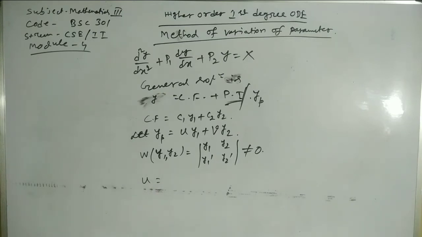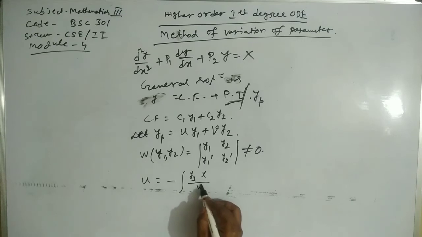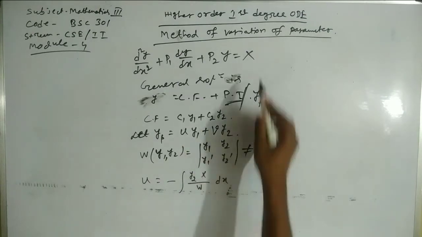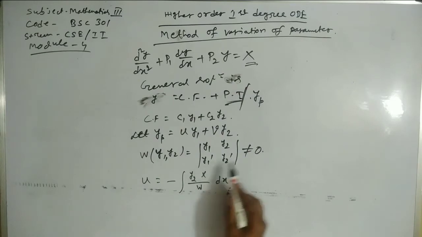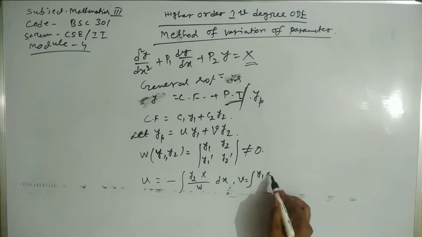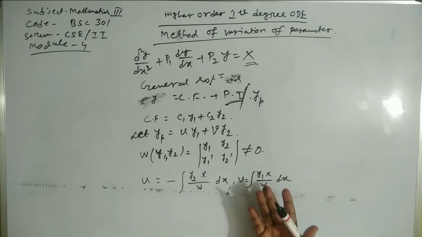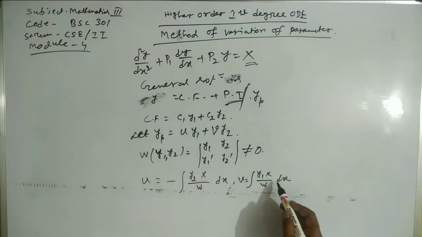The formula to find u is minus integration of y2 capital X by W dx, where y2 is the function of x present in the complementary function, capital X is the right hand side function, and W is the value of the Wronskian. And v equals integration of y1 capital X by W dx, where y1 is the function of x present in the CF, capital X is the right hand side function, and W is the Wronskian.